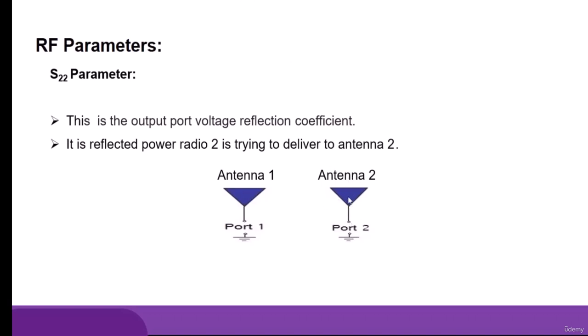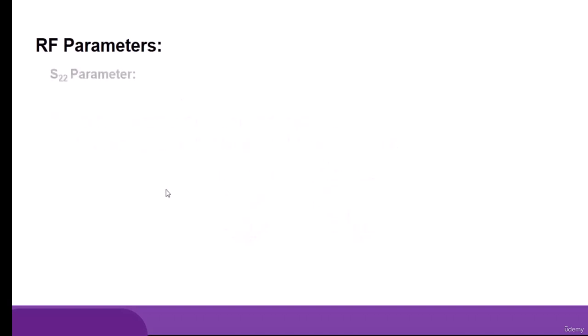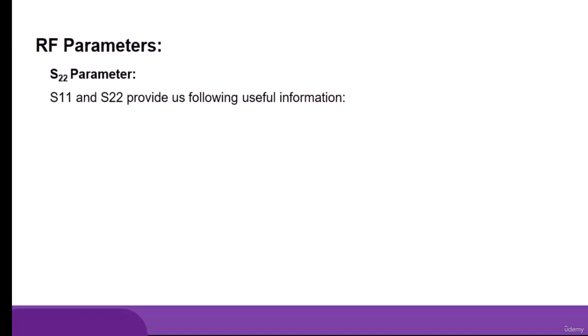The S22 is also sometimes called the output reflection coefficient. Here, the S11 and S22 parameters provide us with the following information: return loss or reflection coefficient, impedance, admittance, and VSWR of input and output ports.